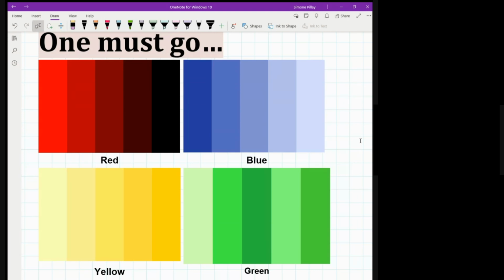So here's what it is. And another one on the side.